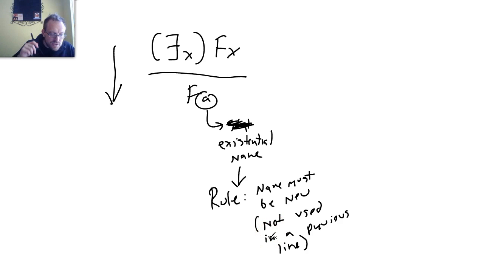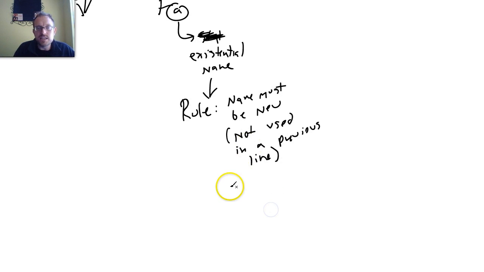That's because the existential name is purely mechanical. We're just giving it a name to give it a name, meaning that we're not saying that it is a real thing, in essence. So it can't be something that's already been spoken of in an earlier part of the proof. It has to be a new sequence, and here's the other thing, it can't be in the conclusion.